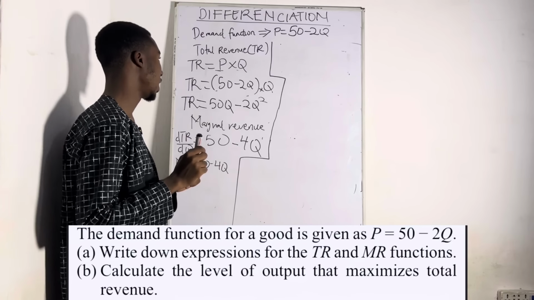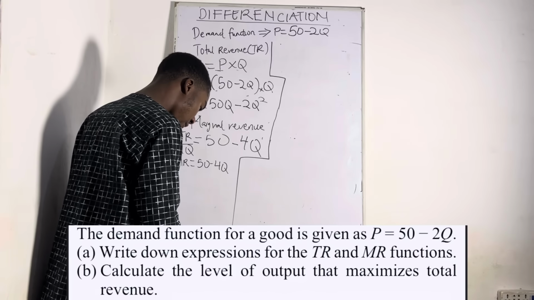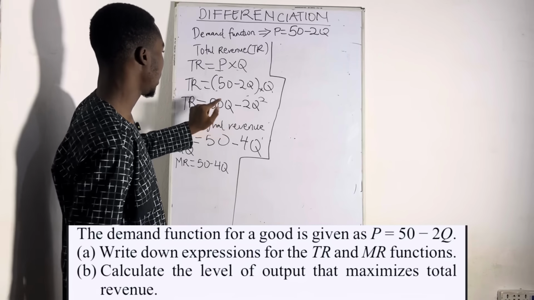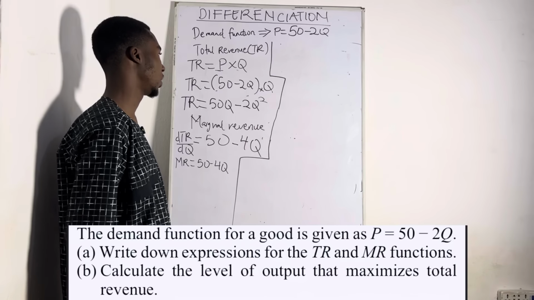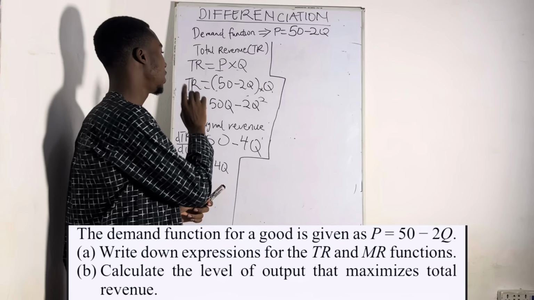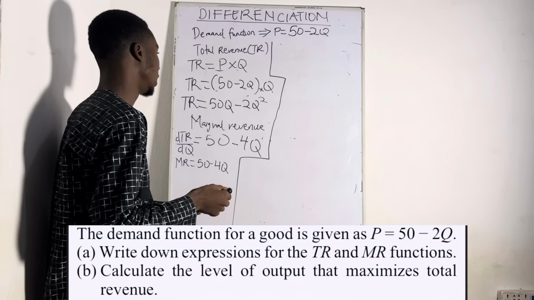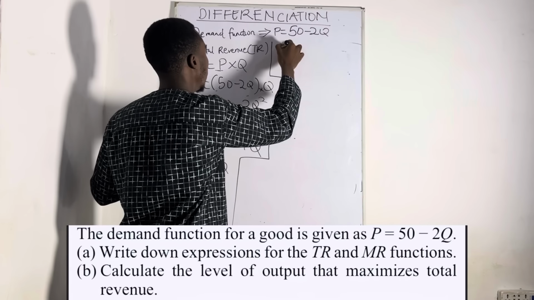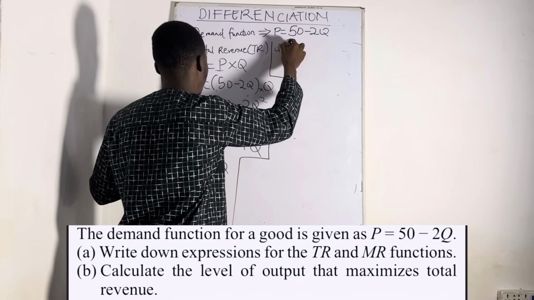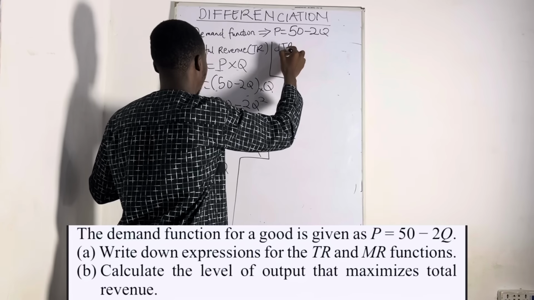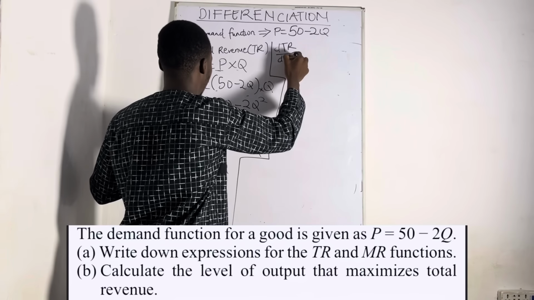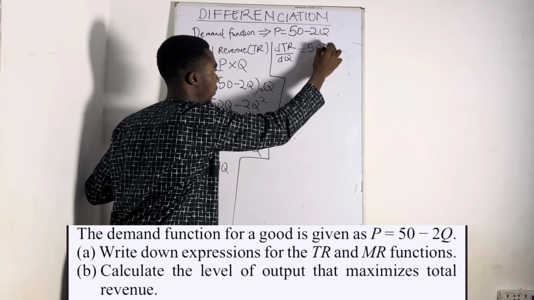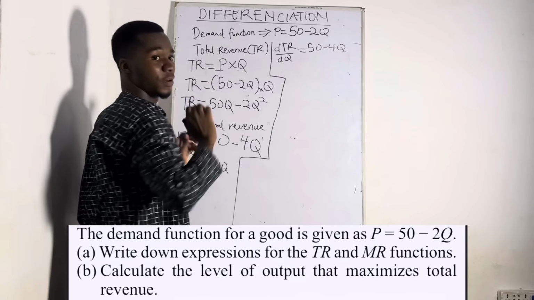You get it? So now they're asking us to find the level of output that maximizes total revenue. And this is the total revenue function, 50Q minus 2Q squared. So the first thing we do is that we differentiate it for the first time. And we've already done it here, so we don't even need to stress ourselves. So when we differentiated it for the first time, dTR over dQ, we got 50 minus 4Q. So that's the first thing you do.